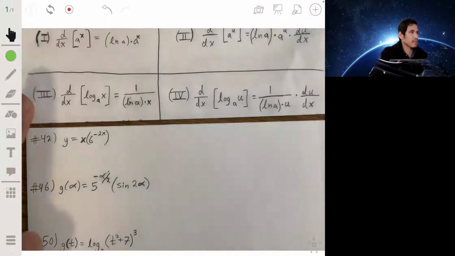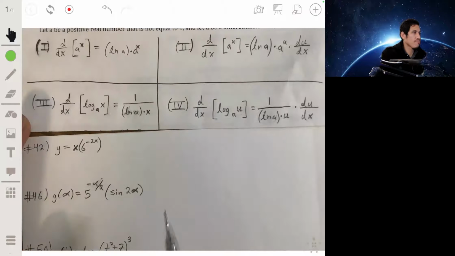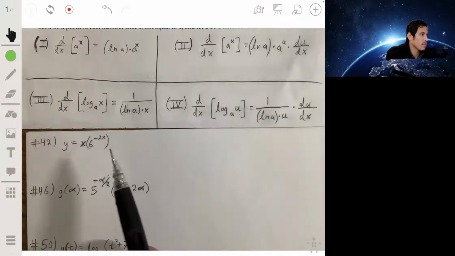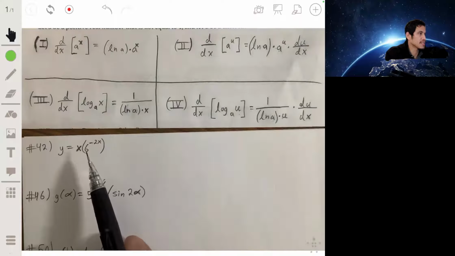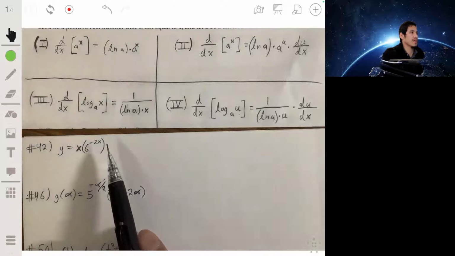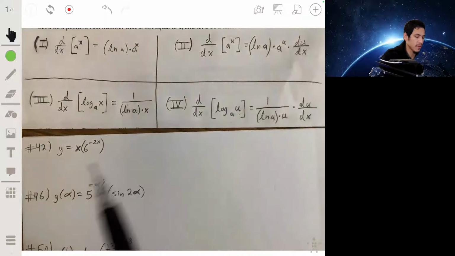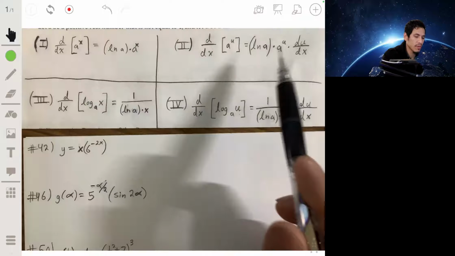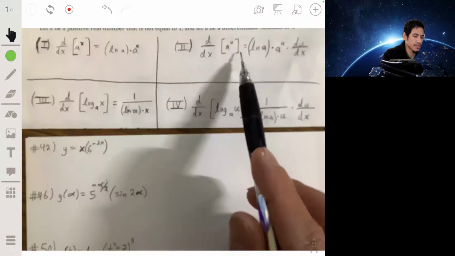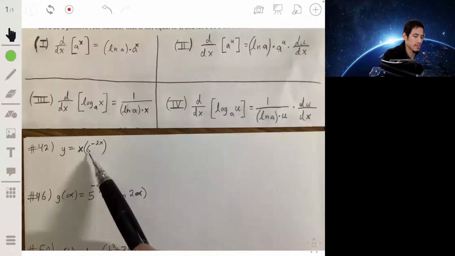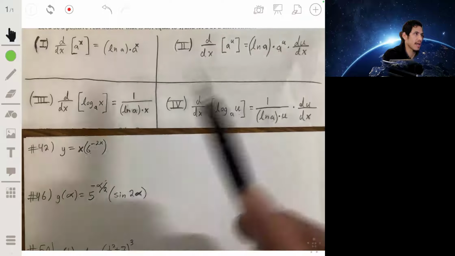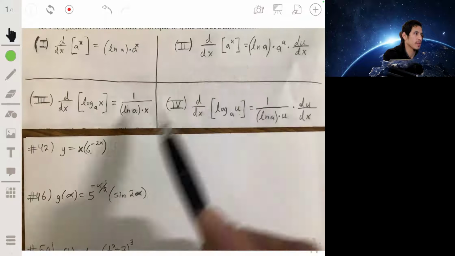Okay, so we're going to take the derivative of y is equal to x times 6 to the negative 2x. So this is going to involve this equation here because we have an exponential where our base is 6, so the a is 6, and the u will be negative 2x.